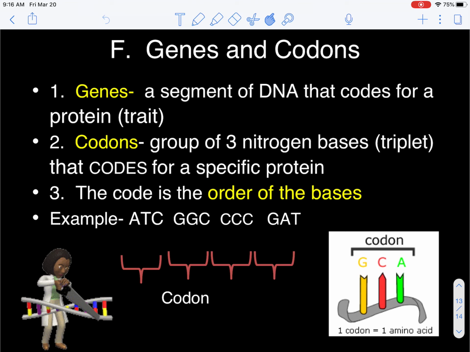Do you have dimples? Can you curl your tongue? So when we get into genetics, which is my favorite, we are going to be able to talk about all what your genes do and what makes you who you are.